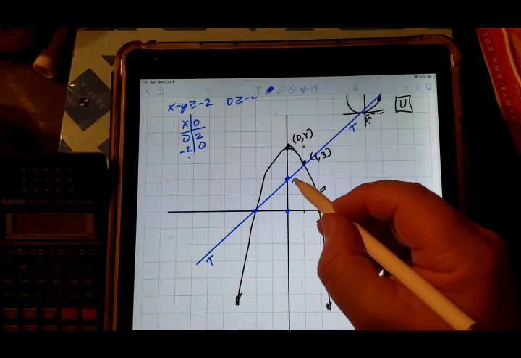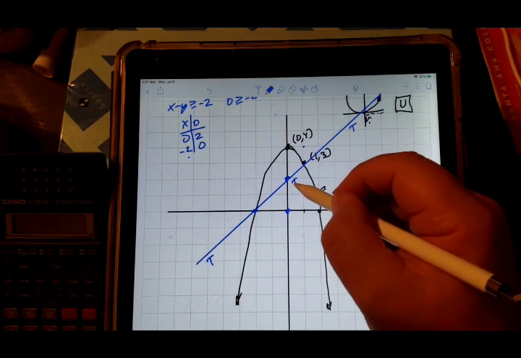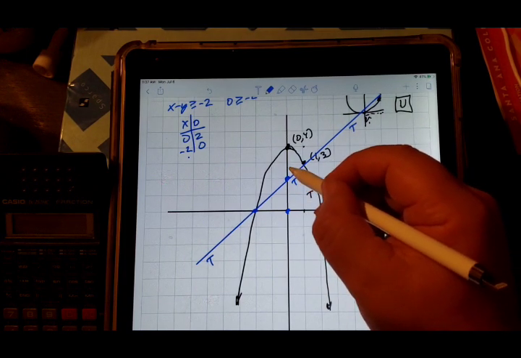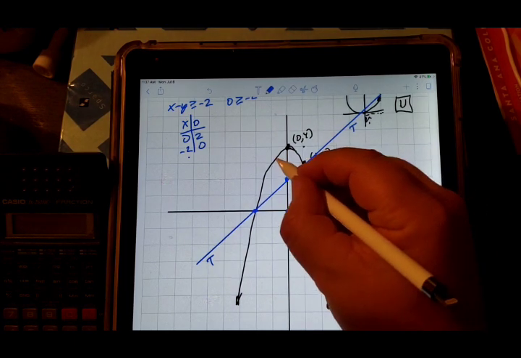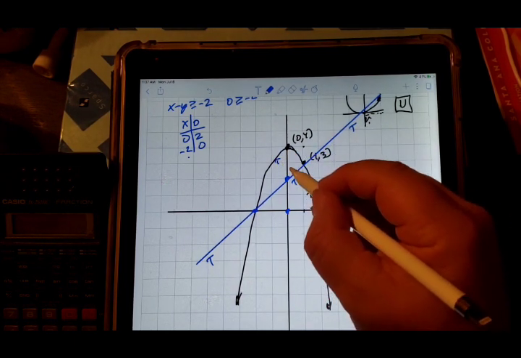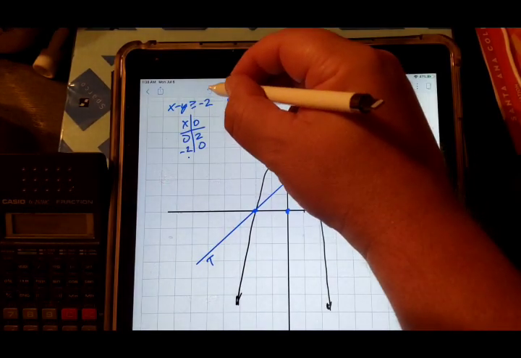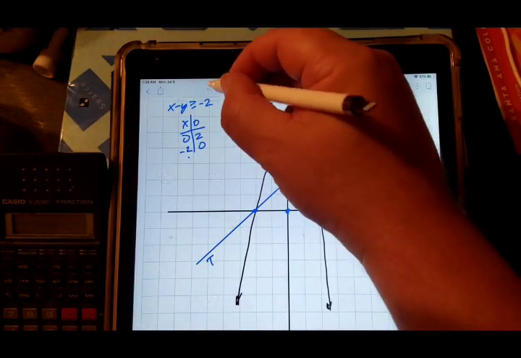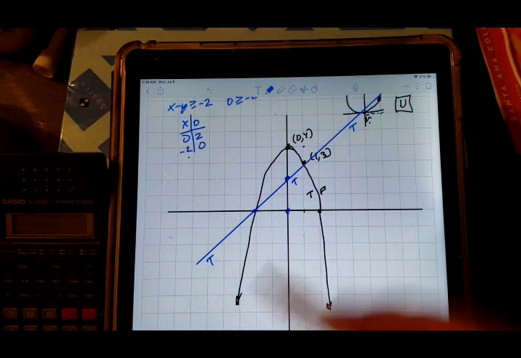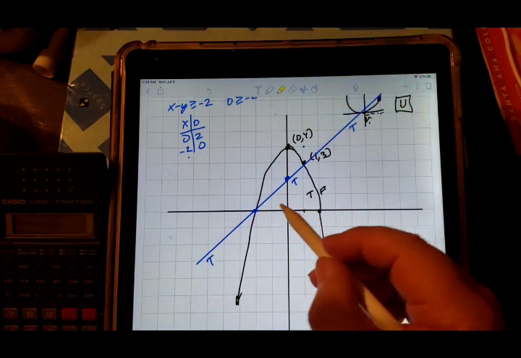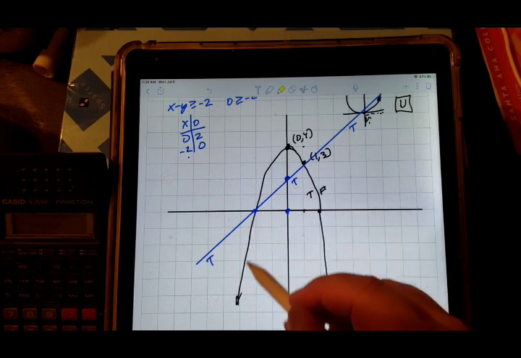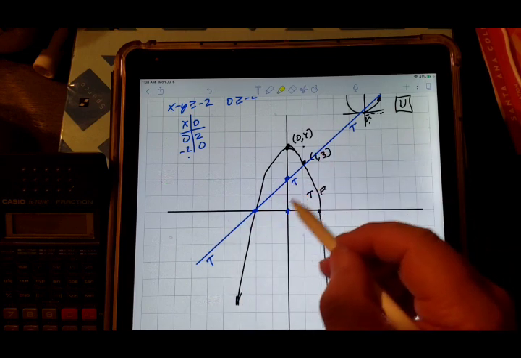If, for example, this side were the true side, a T up here might be useful to see the pair, but I think I have enough to know where I want to shade. Where do I want to shade? Well, I want to shade where it's doubly true, so below the line and inside the parabola.